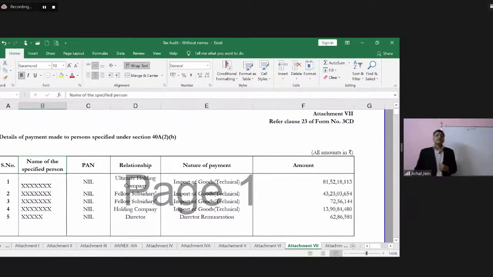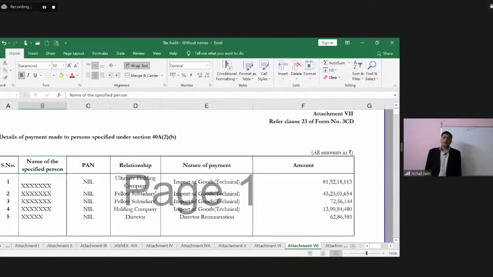This clause requires that any of those transactions should be captured over here when the payments have been made to them. And in this case, many a times, even if the payment is not made, even if the transactions are carried out, that is also shown, and a note is given that this was a transaction which took place during the year and which was not really a payment, but more of an accrual.